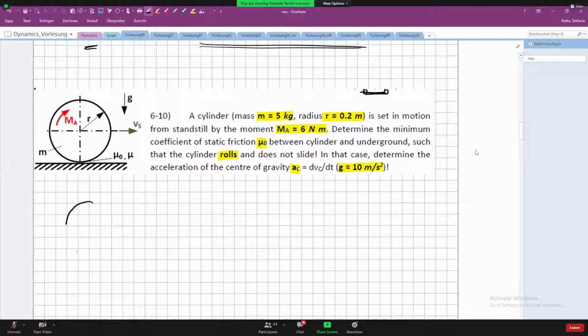So in this case, we have this cylinder with the center of gravity. Now, first of all, we will include all the static loads, like drawing our static system. Then we do have gravity. We do have a normal force. And we have a force of friction.